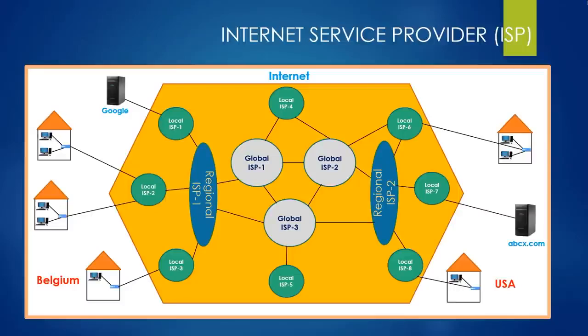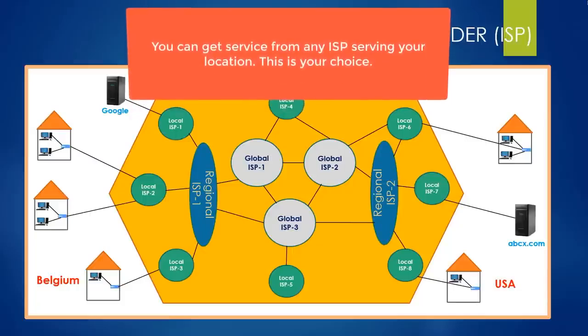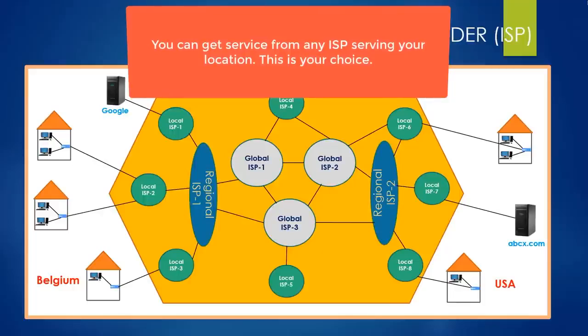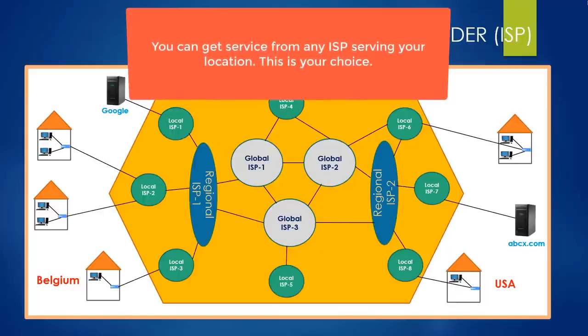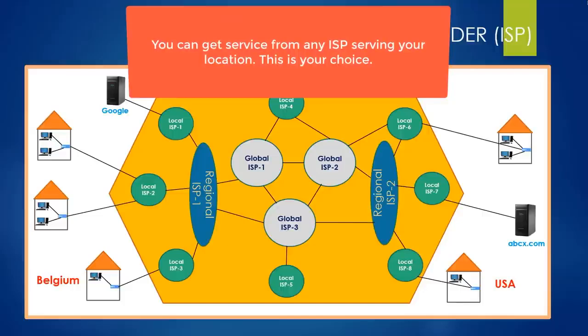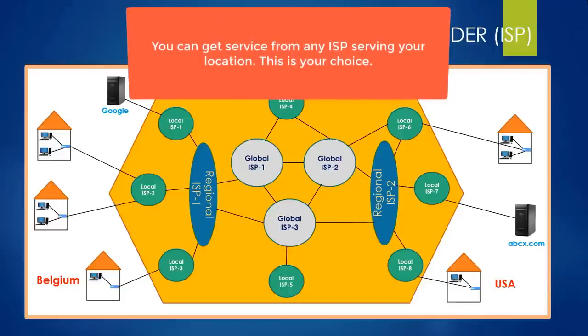You can directly connect to a regional ISP or global ISP if these ISPs have a service for your location. This means that you can learn which ISPs are serving where you live and make your choice according to this information. It is absolutely your decision to choose the ISP service you want, okay?